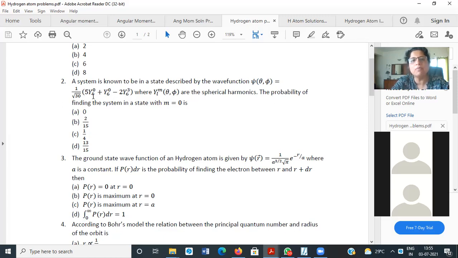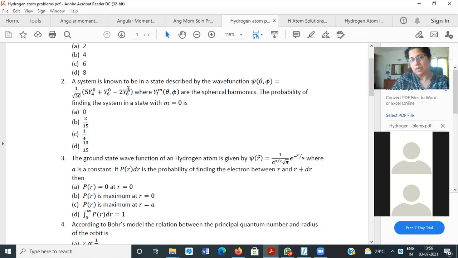Obviously, the bottom index gives you the L state and the top one gives you the M state. This is a linear combination of 3 different spherical harmonics. Now what they have asked is the probability of finding the system in a state with M equal to 0.